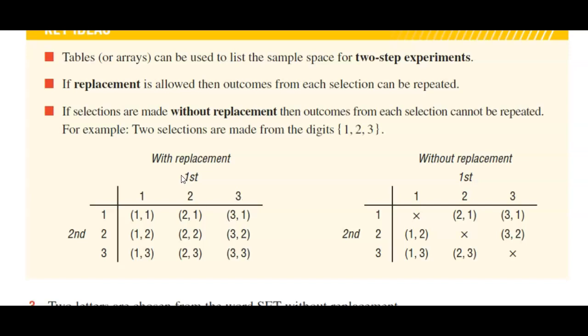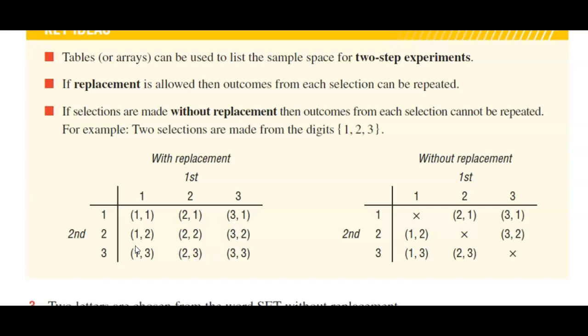On the first selection, we can pick either the number 1, 2, or 3, and that's represented in our sample space as the first number. So you can see 1, 1, 1, 2, 2, 2, 3, 3, 3.